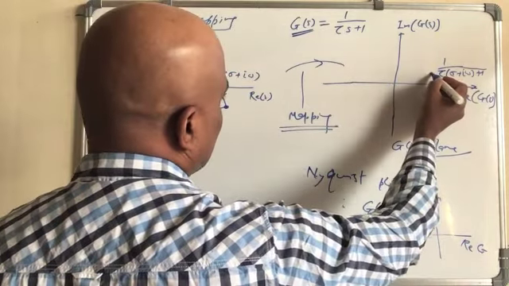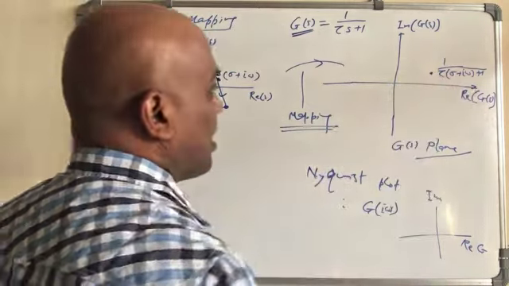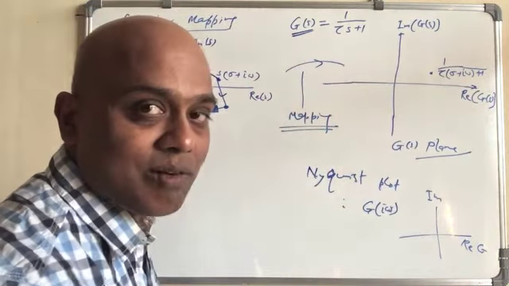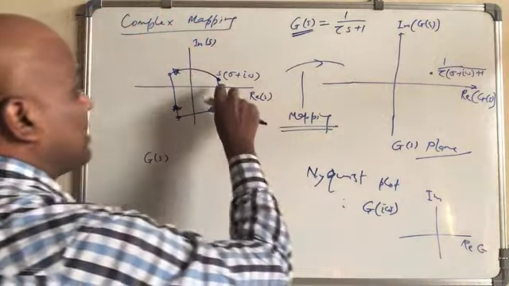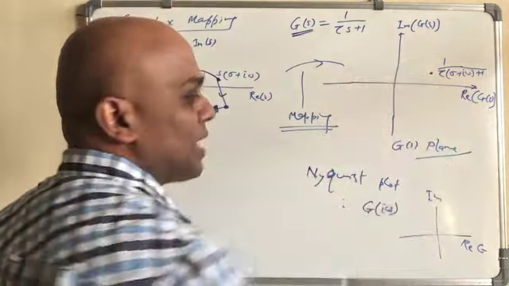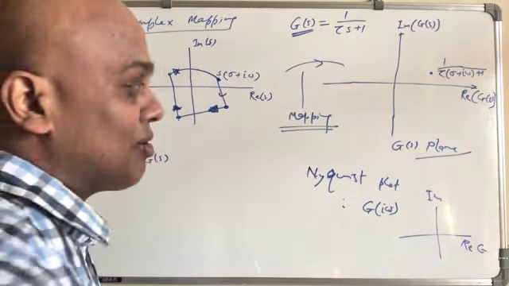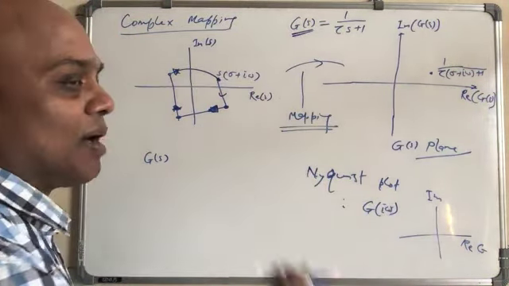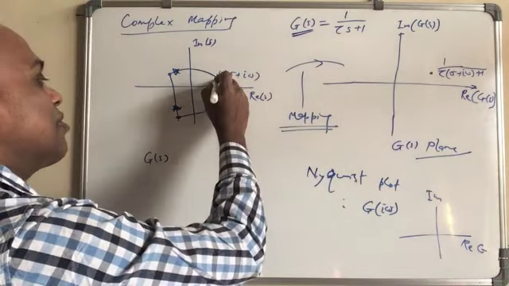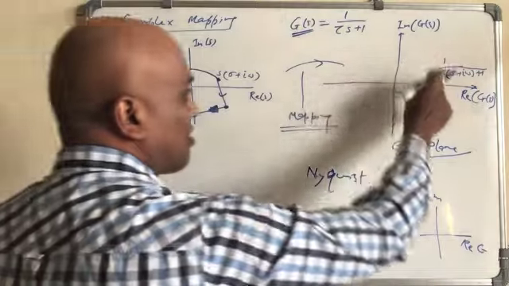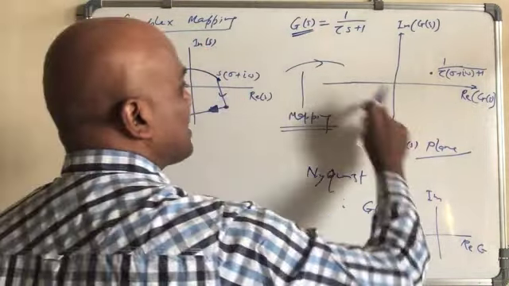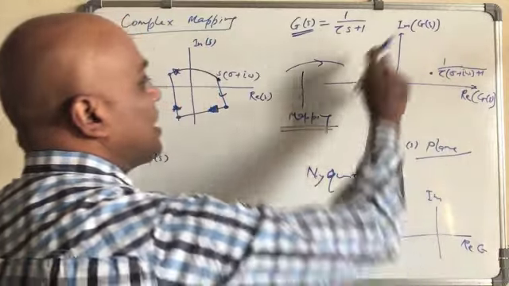The only thing we don't know is whether it will be clockwise or anti-clockwise, and how many loops it makes. This theorem is about that only. So if you move here clockwise one time, how many times is it going to make a loop?